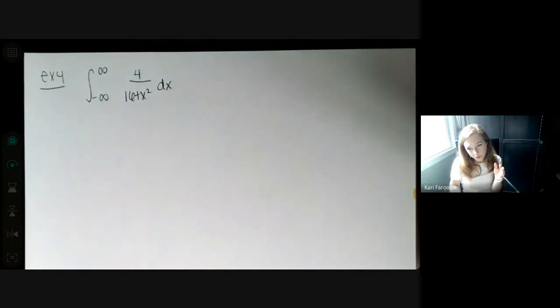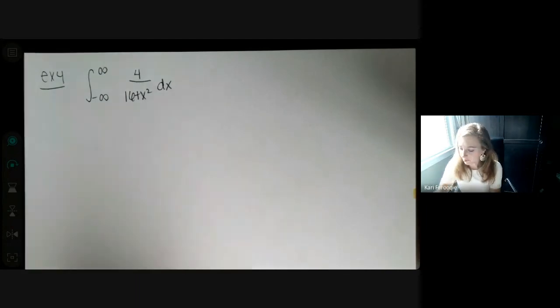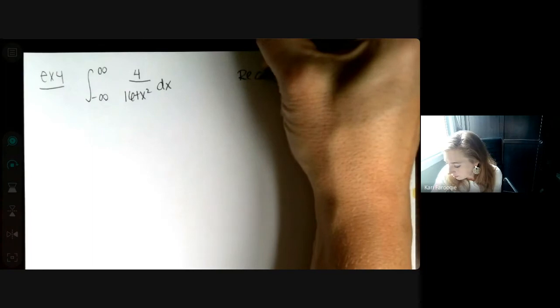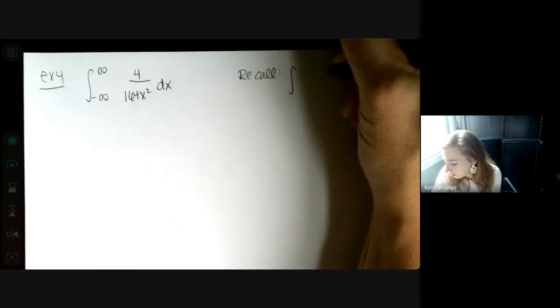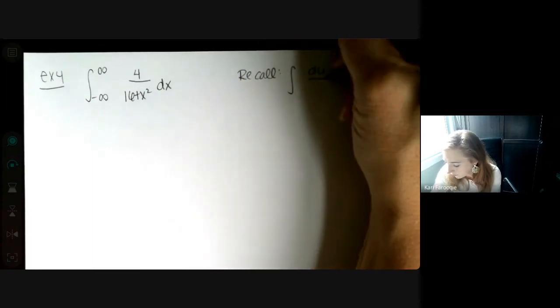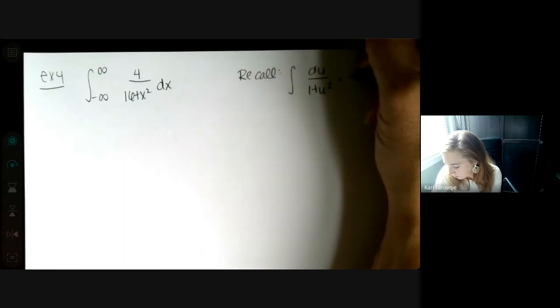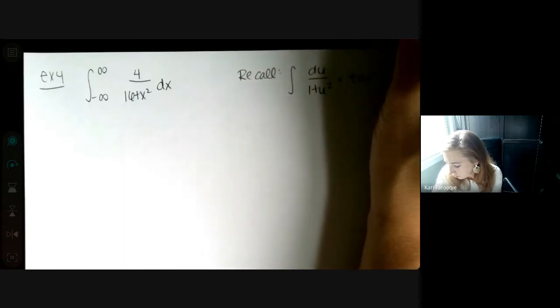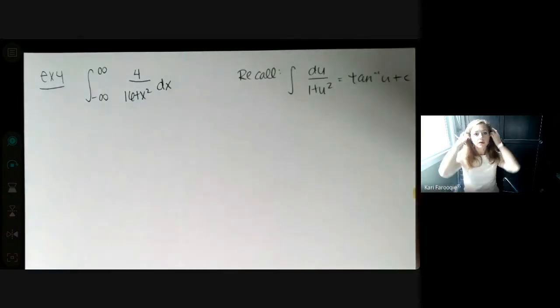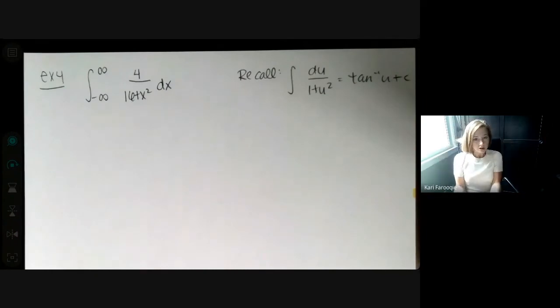Now, I hope that when you're looking at this, after everything you've done so far in chapter 7, you're thinking like, this looks very inverse tangent-ish. And you'd be right. I'm going to say recall, because you know I love that. du over 1 plus u squared is the inverse tangent of u plus c. So we're very close to that.